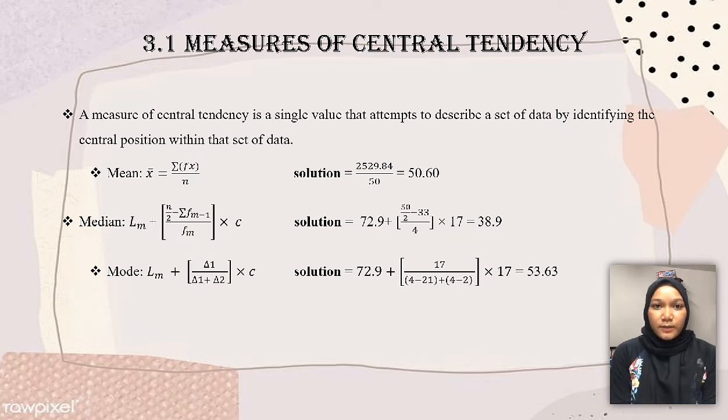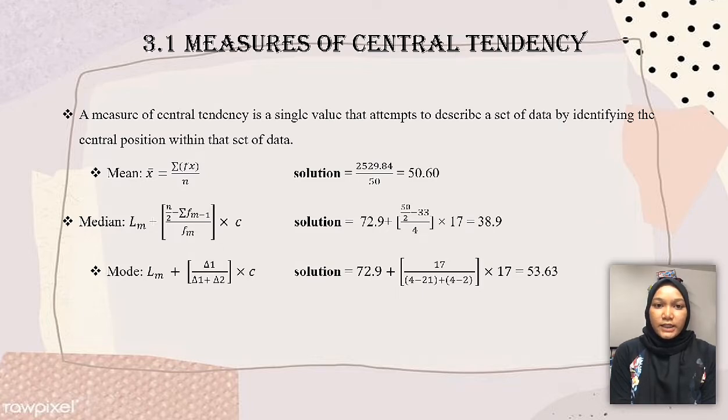Last, mode is the most common number in a data set. The formula for mode is the lower class boundary of the modal class plus the difference between the frequency of the modal class and the frequency of the class before the modal class, divided by the sum of that difference plus the difference between the frequency of the modal class and the frequency of the class after the modal class, multiplied by class size.